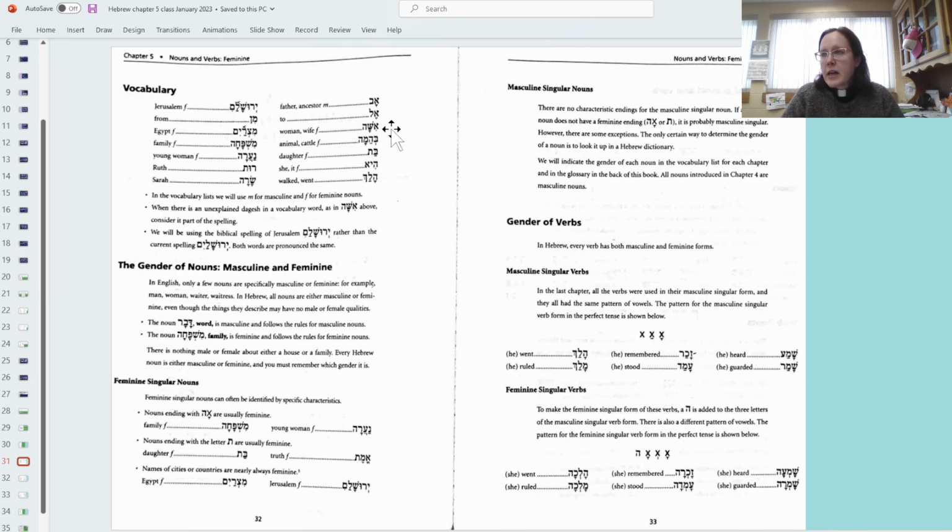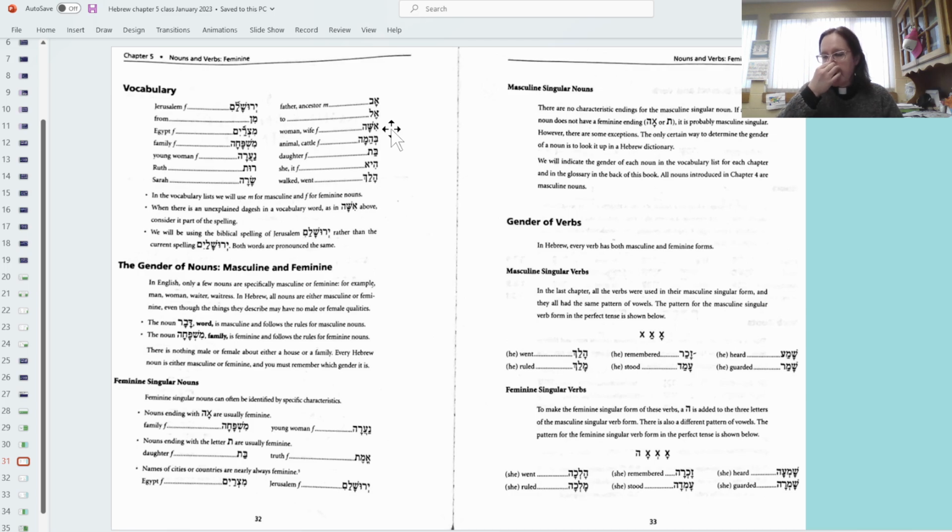It shows Jerusalem spelled one way rather than another, and both are pronounced the same. So it's okay.